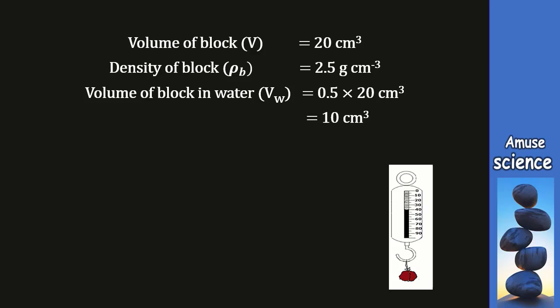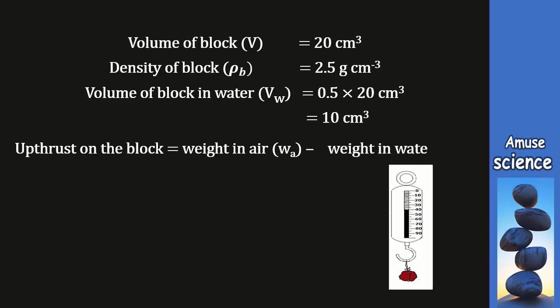And this upthrust on the block will be the difference between the weight in air and the weight in water. So we can write that the upthrust on the block is equal to the weight in air minus the weight in water. So from this particular relation, we can find the weight of the block in water.